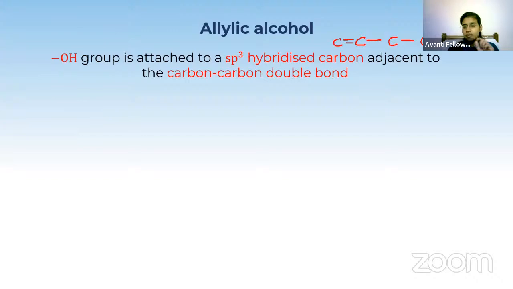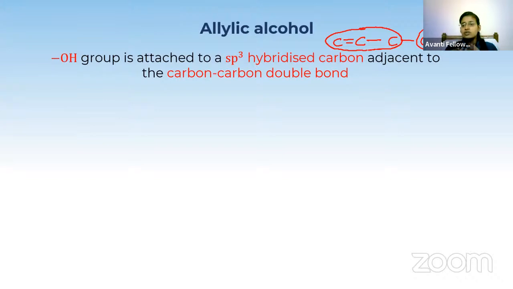So, basically, we will have 3 carbon, and those 3 will be arranged in this manner. Carbon, double bond carbon, single bond carbon. And that single bonded carbon will be attached to the OH group. Okay. So in the previous lesson, that OH group was halogen and here it is OH. That is the only difference.